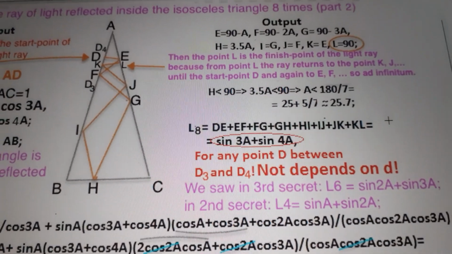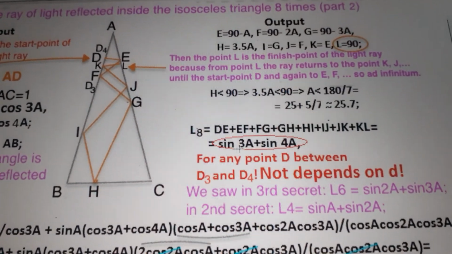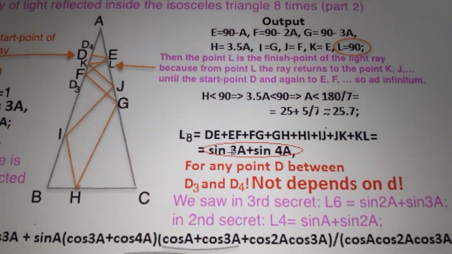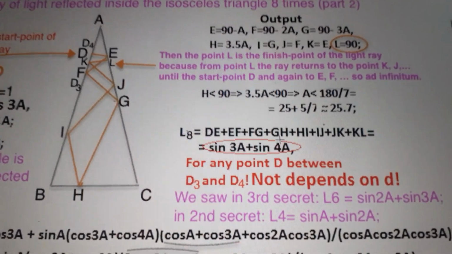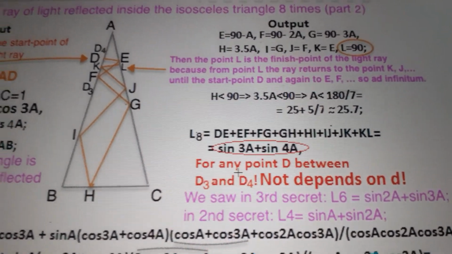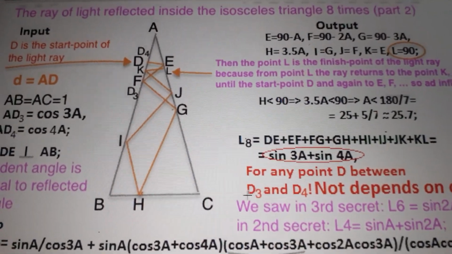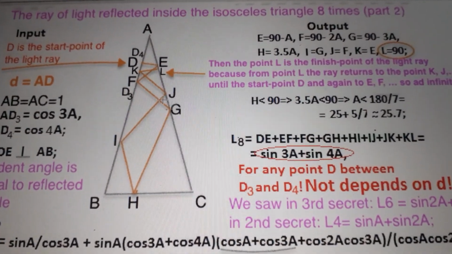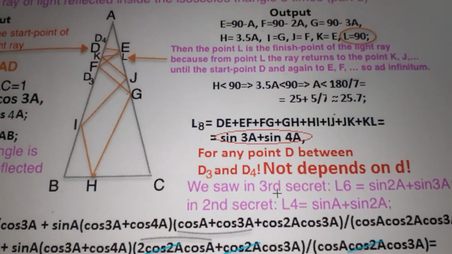All these 8 segments give us this expression, sine of A multiplied by 3 plus sine of A multiplied by 4, for any point D between points D3 and D4, and it does not depend on D.